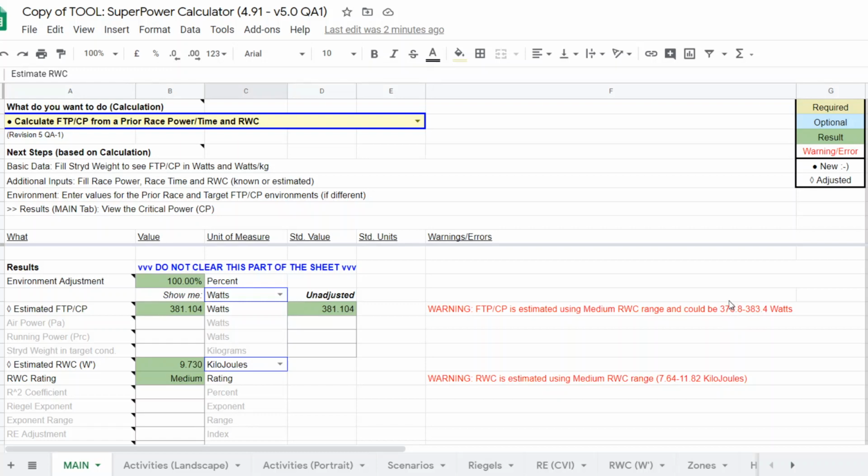So I think it's better doing it this way. We don't want to say it's exactly 381 watts.